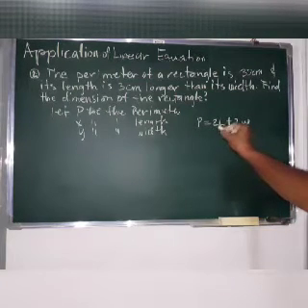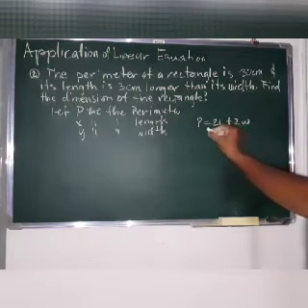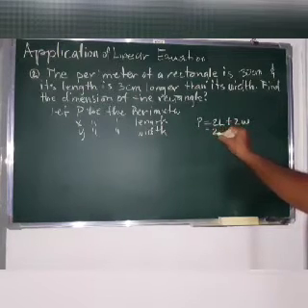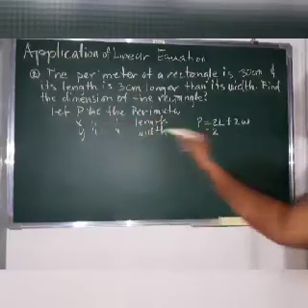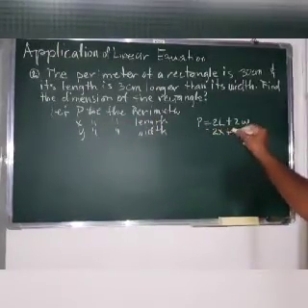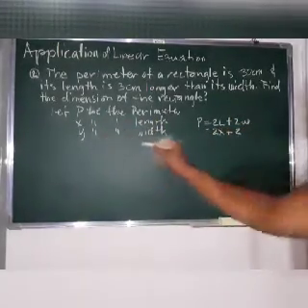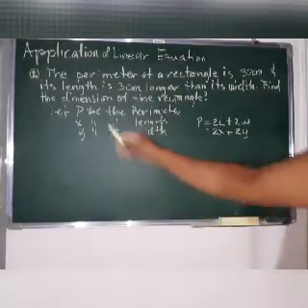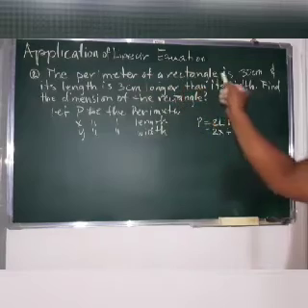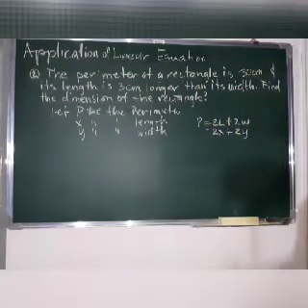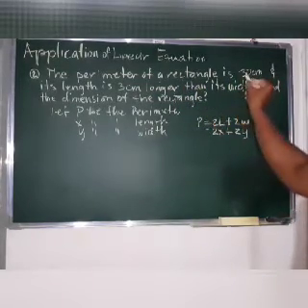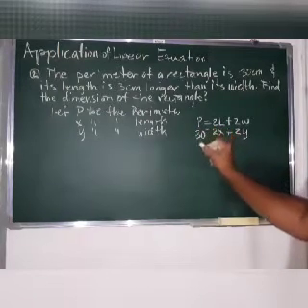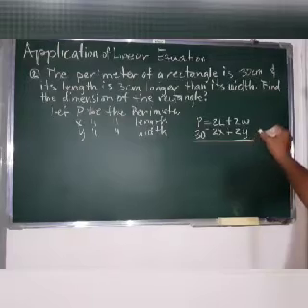We have P is equal to 2 times our length X, so 2X plus 2 times our width Y. Again, the perimeter of a rectangle is 30 centimeters, so the perimeter is 30. This is our first equation.